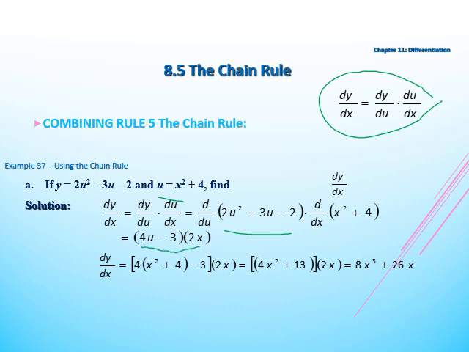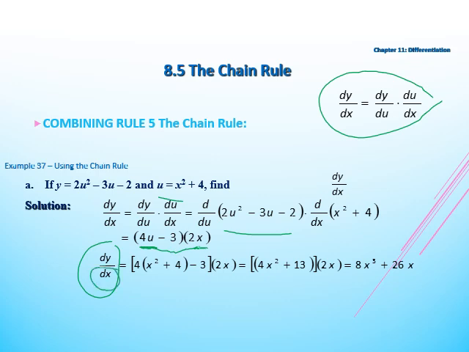Multiplying the two derivatives together, we get the product with u and x. But note that here we have u and x, and we want the derivative dy over dx. We should get everything as a function of x.